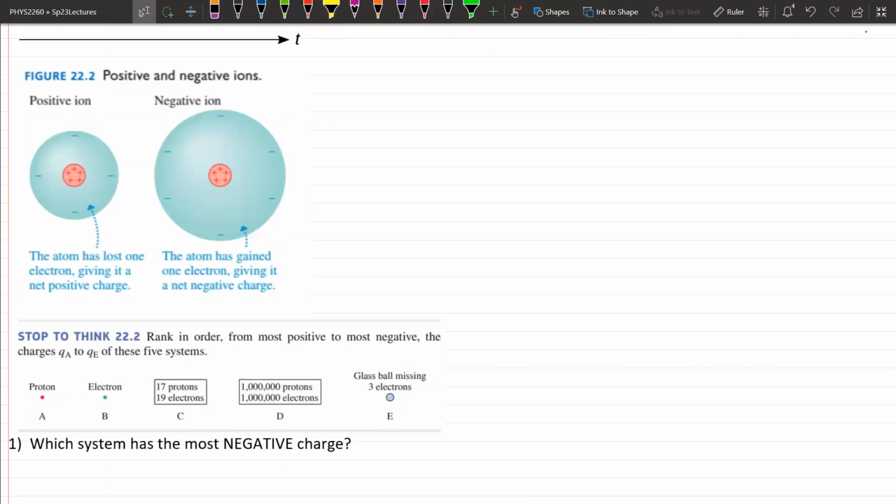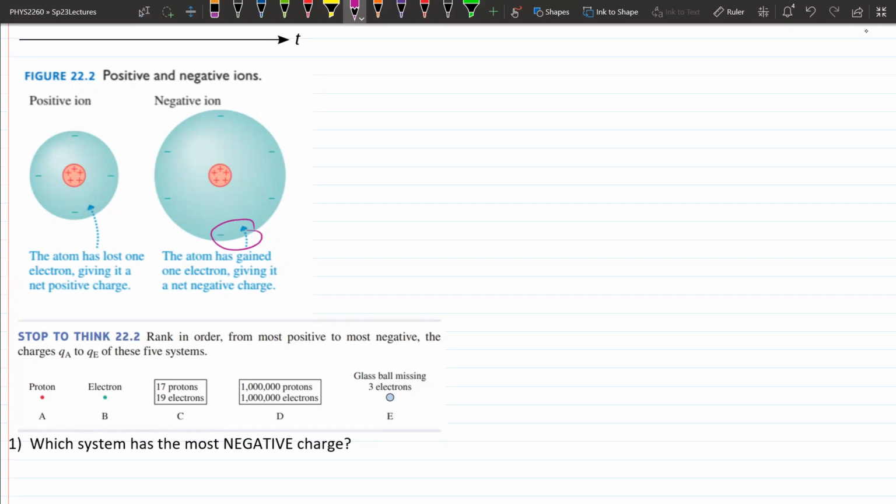But the important thing is that when we remove negative charge from a particular object, it becomes positive. We can also add negative charge to an object. If we gave a particular atom an extra electron, then it'll become negatively charged.